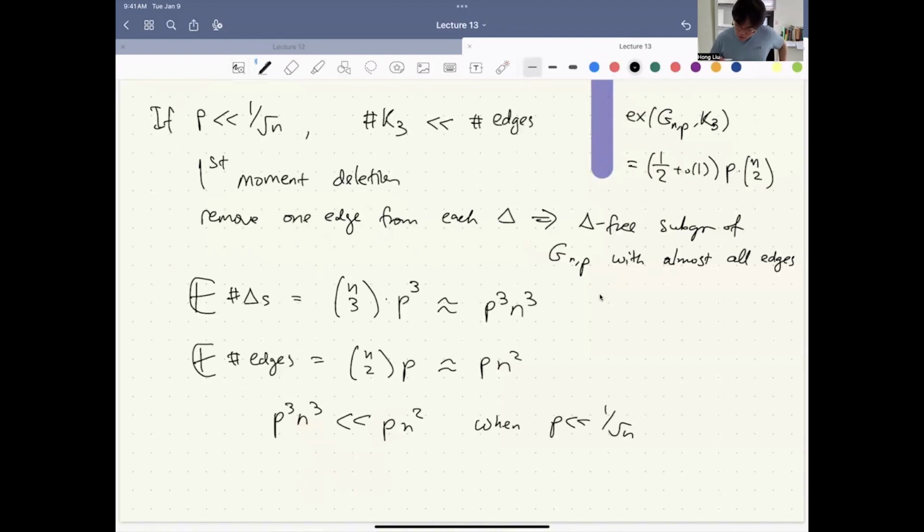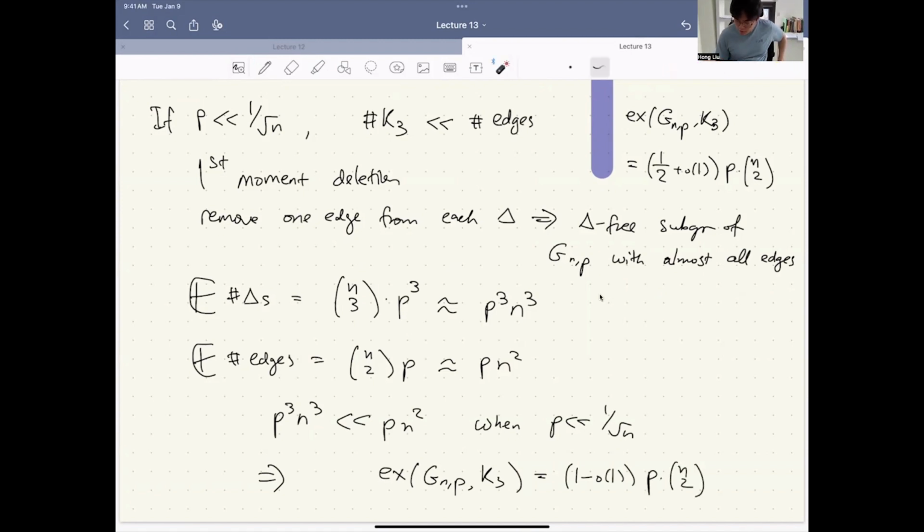So this means in this range, the extremal number of G(n,p) in this notation is actually (1 - o(1)) times p times n choose 2. This is the expectation, and here you just remove a tiny bit. Remove an edge from each triangle, you get this. The bound we want to prove is not correct, the constants.